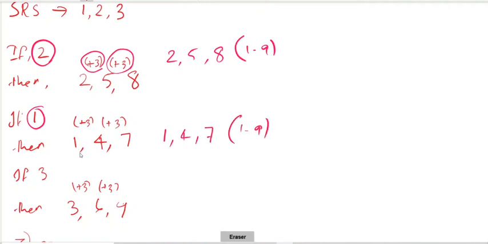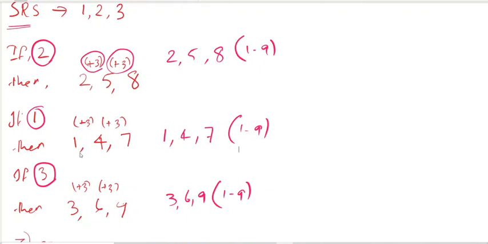And if we get 3 within the sampling interval, that is, we are doing the basic step of simple random sampling within the sampling interval, it will be 3, 6 and 9. So 3, 6 and 9 between 1 and 9.